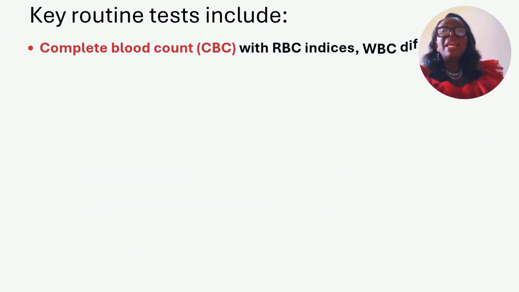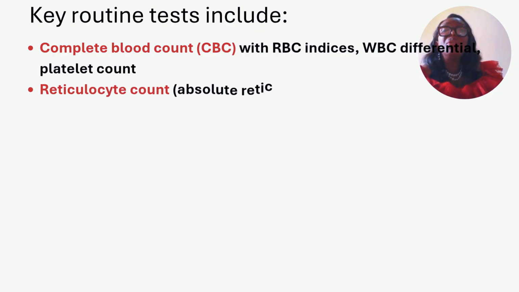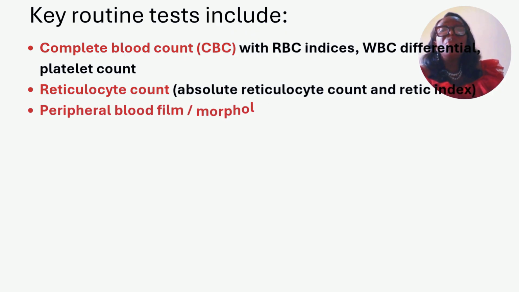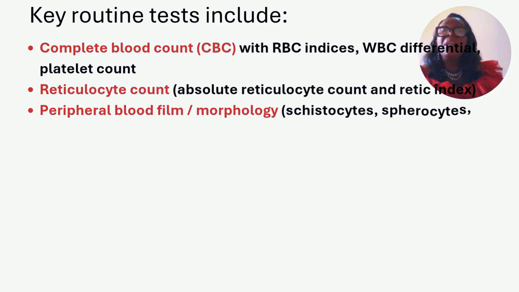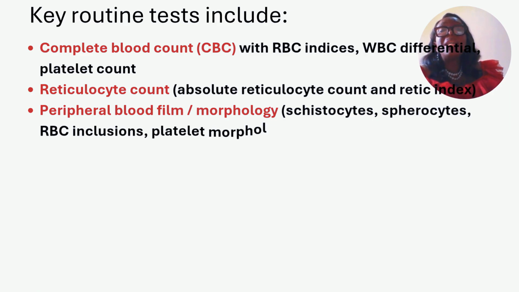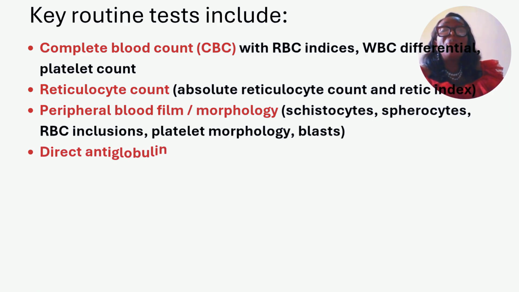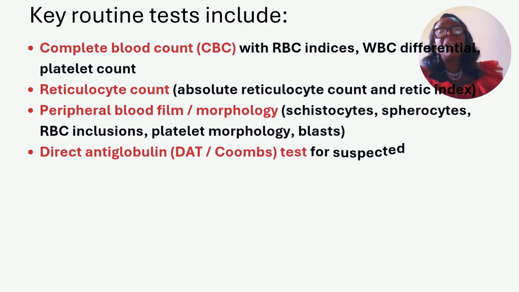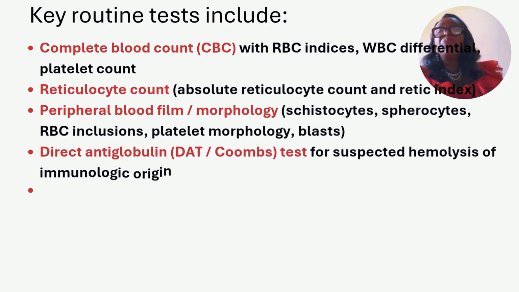Tests in neonates include complete blood count, what we call full blood count, which includes red blood cell indices, white blood cell counts and differentials, platelet count, and assessing white cell, platelet, and red blood cell morphology.